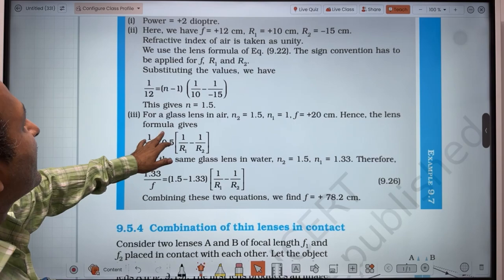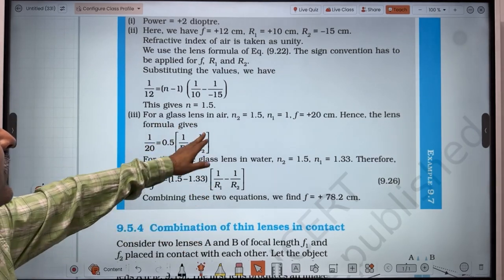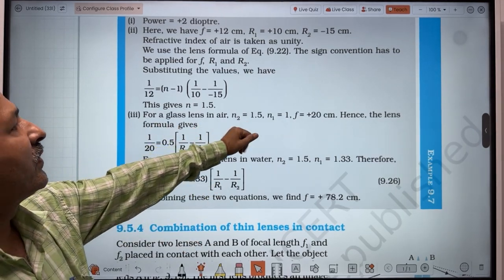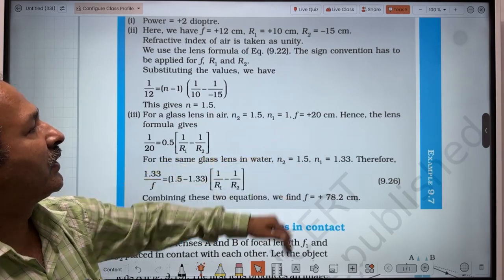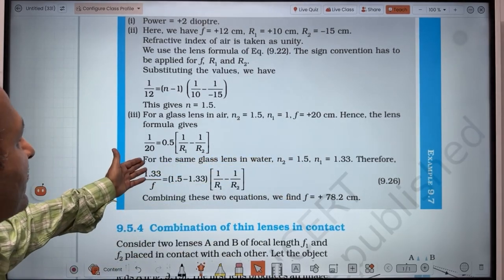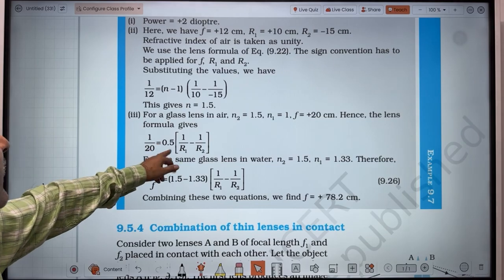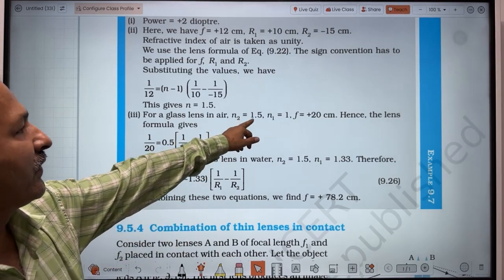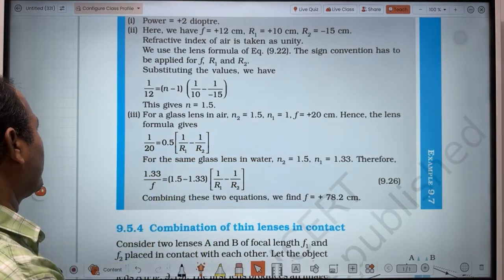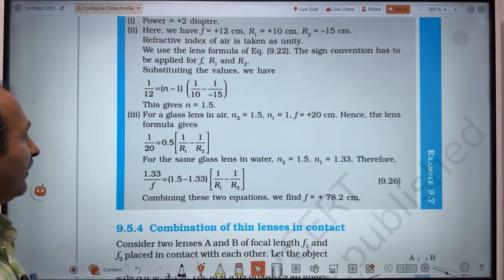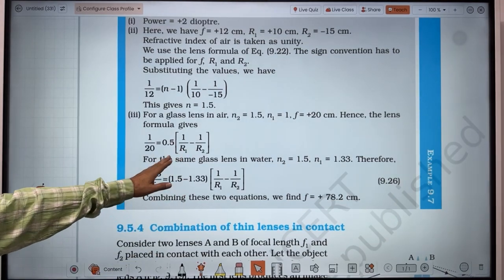Then second case, for a glass lens, here n2 is 1.5, n1 is 1, f equal to 20. Hence the lens formula, as we have studied, 1 upon f equal to n2 minus n1. So n2 is 1.5 and n1 is 1, so the difference will be 0.5, times 1 upon r1 minus 1 upon r2.